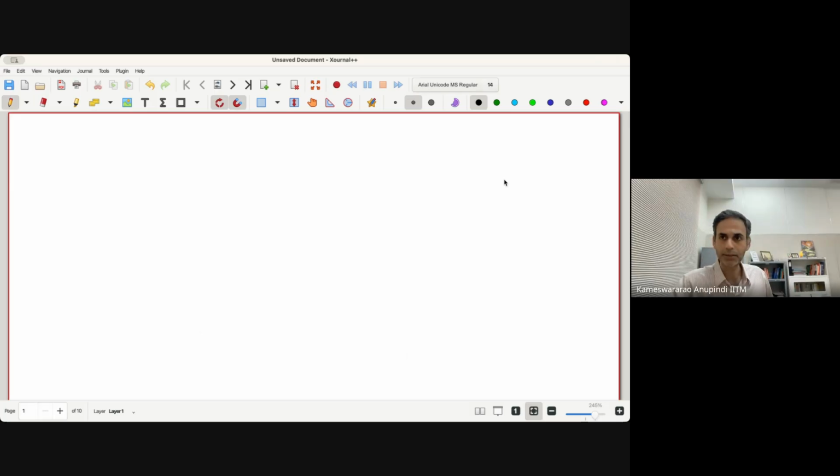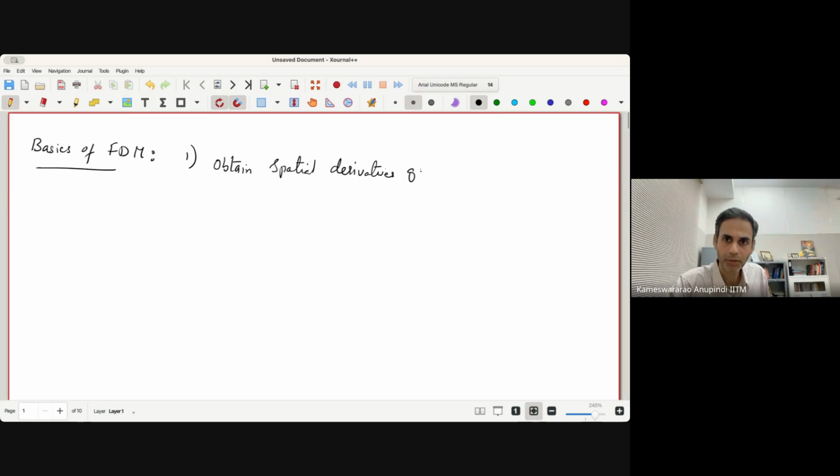Let's get started. So we are in this chapter, the basics of the finite difference method. Till now we looked at how to form or obtain spatial derivatives given a stencil.